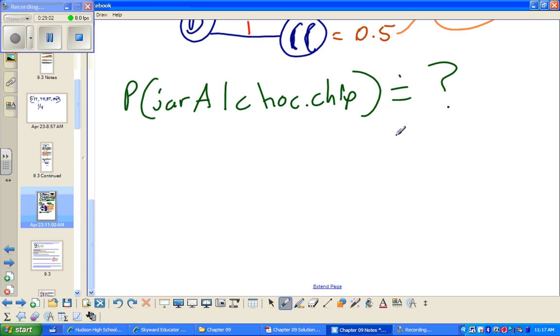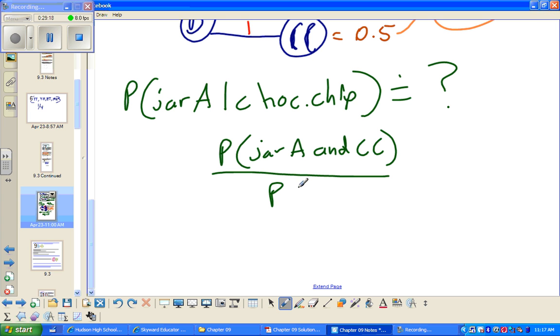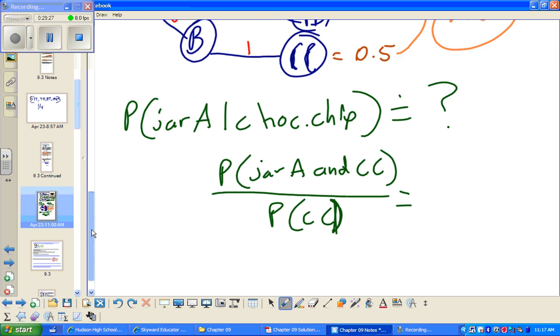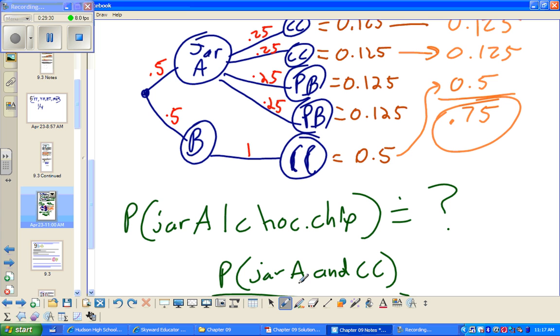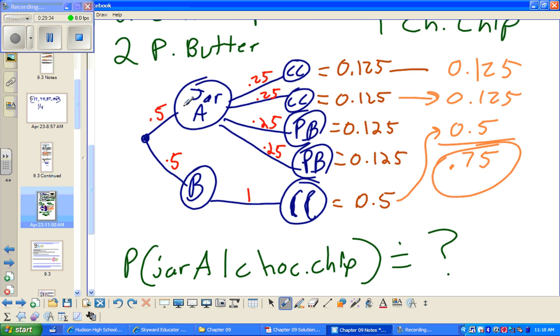Well, to answer that, we need to take the probability of jar A and it being a chocolate chip cookie, divided by the probability that it's a chocolate chip cookie. Well, we did all the work already. If we look at our tree diagram, jar A is here.